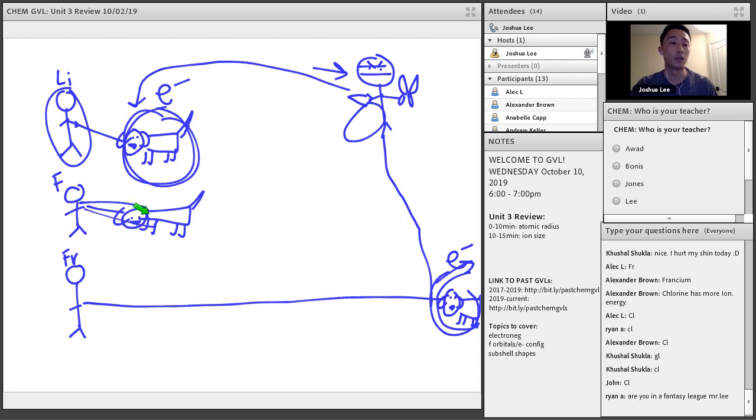So now what you're essentially doing is having a lot more leashes on your dog. I guess I could move the dog so it's on the right side of lithium.